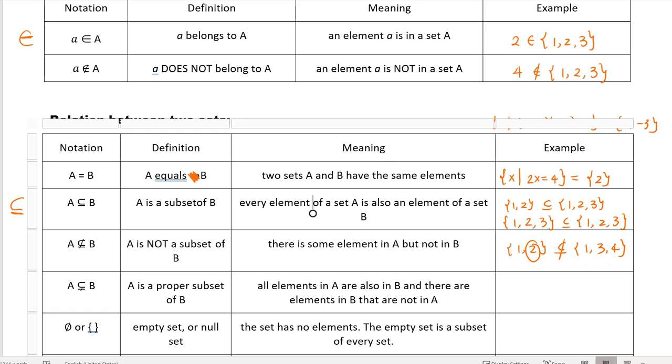Do you see? 2 is not an element of the set {1, 3, 4}. So there are some elements in A, but not in B.